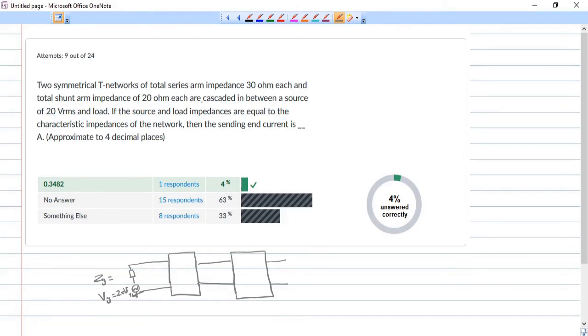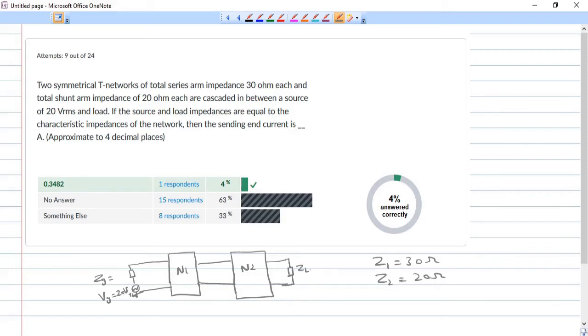So if the source and load impedances are equal to the characteristic impedance of the network, so these are T networks, let me label them as N1 and N2. We are given the total series arm impedance of these T networks, Z1 is equal to 30 ohm, and the total shunt arm impedance Z2 is equal to 20 ohm for each of these networks, and we have a load at the end of this cascaded network.